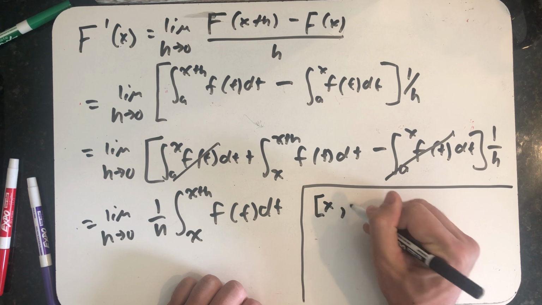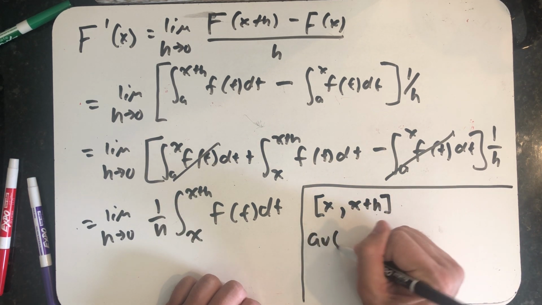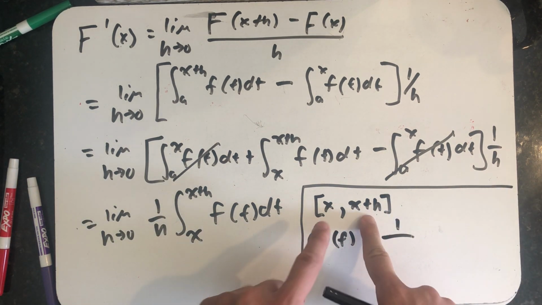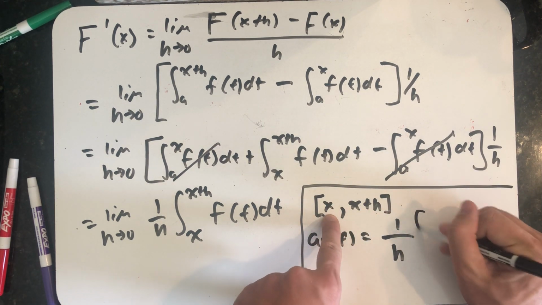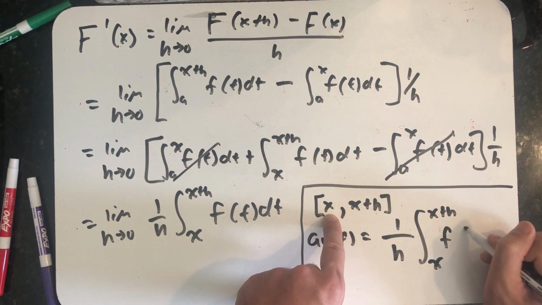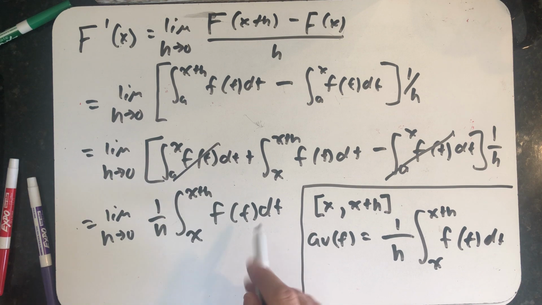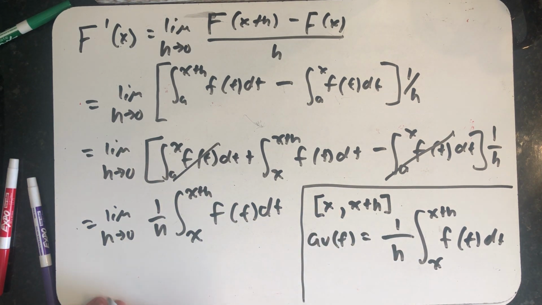And x to x plus h is a finite closed interval. So the average value of f on that interval is 1 over, and I should subtract the two endpoints, well, x plus h minus x is just h, times the definite integral over that whole interval. So this calculation right here is just the average value of f over this particular interval.